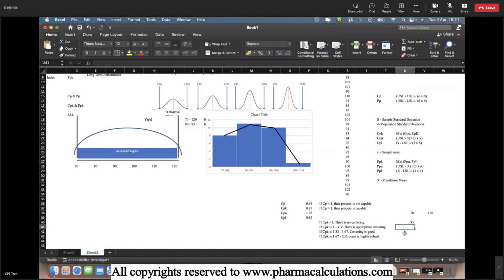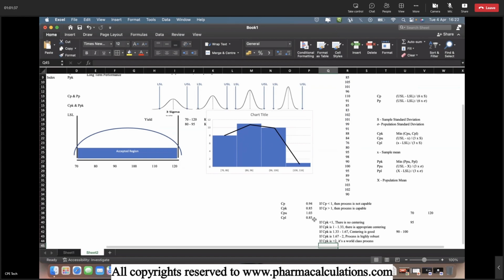If the centering is good, the output yield of the process is going to be reported near 95, either like 90 to 100 or somewhere around. Because the centering is increased, you should automatically get near the standard ranges. And if Cpk is greater than 2, it's a world-class process.